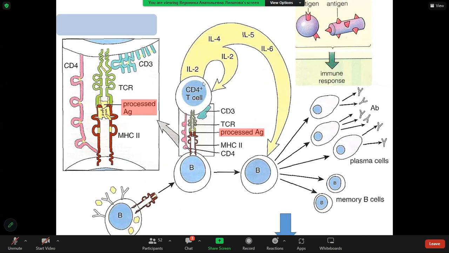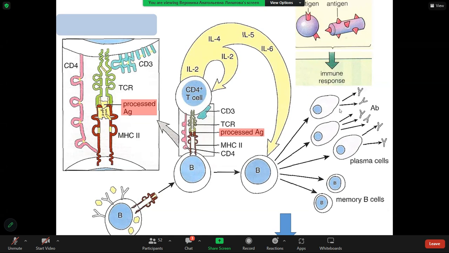You see, CD4, after presentation of foreign antigen to it, is activated and releases different interleukins, including interleukins that activate the differentiation of B cell. The final stage of differentiation of B cell is plasma cell formation.